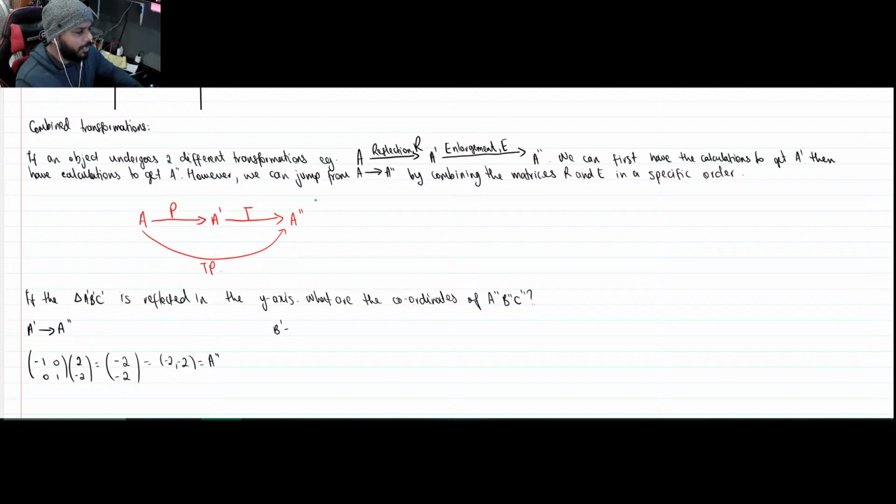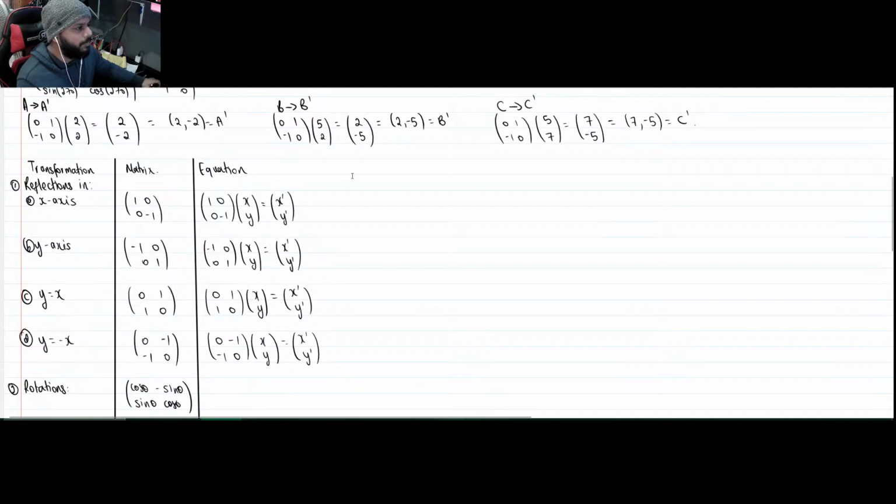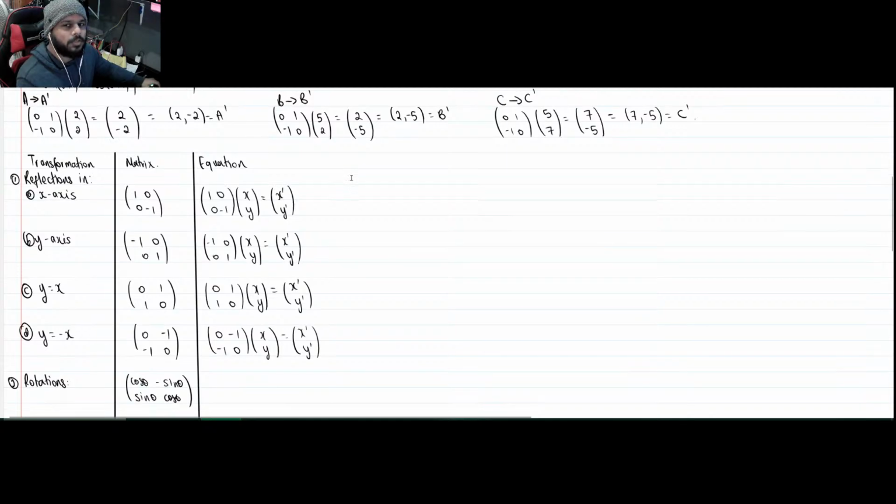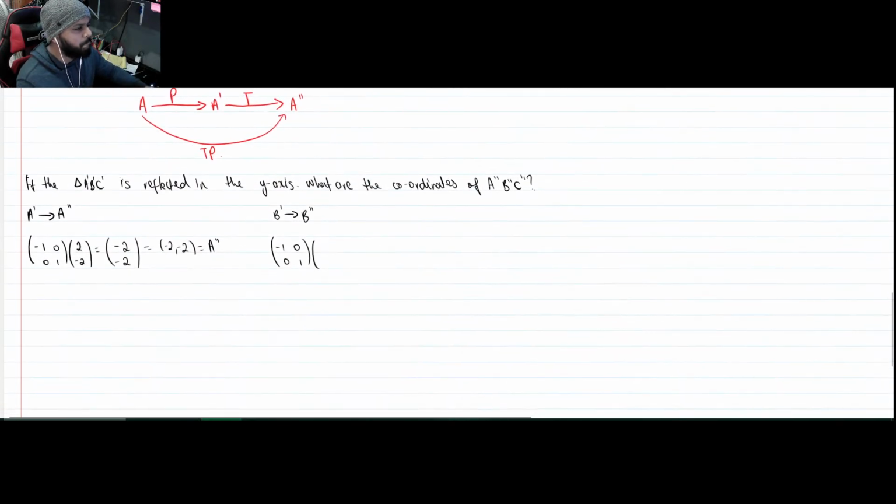From B prime to B double prime, again it's the reflection in the y-axis multiplied by the coordinates of B prime. B prime is 2, -5. So -1, 0, 0, 1 multiplied by 2, -5 gives -2, -5, which is B double prime.